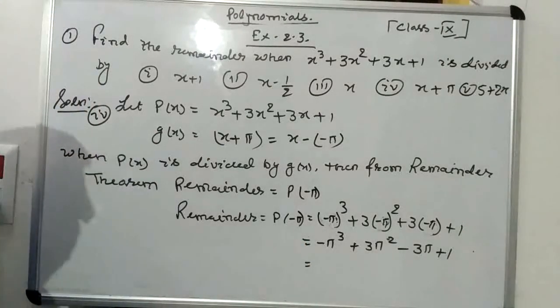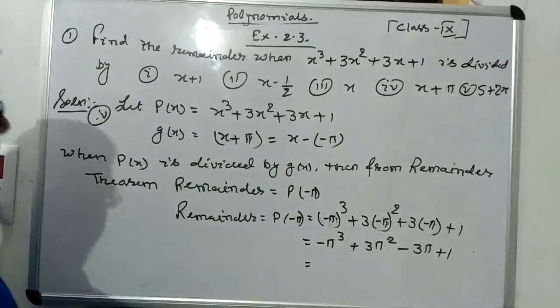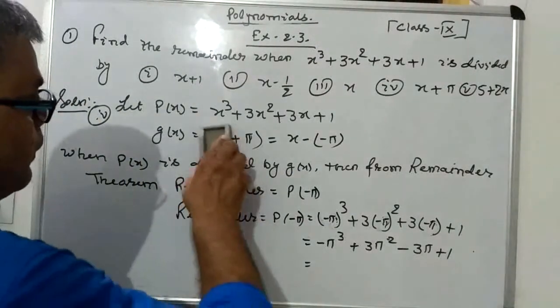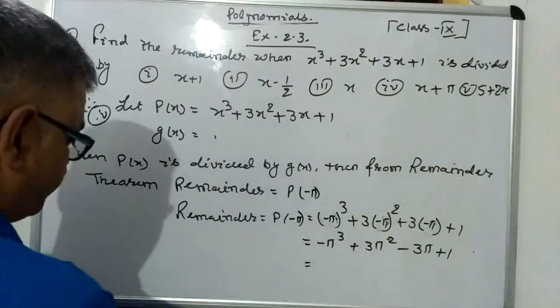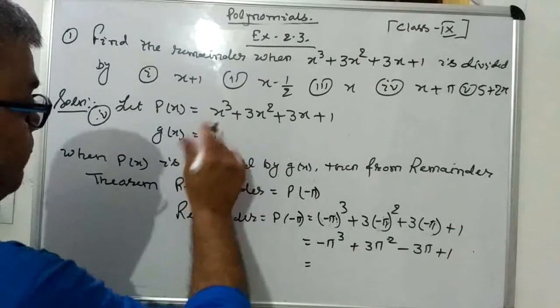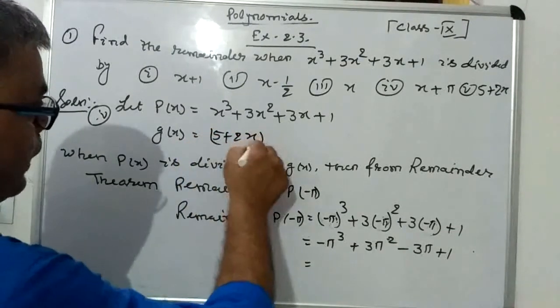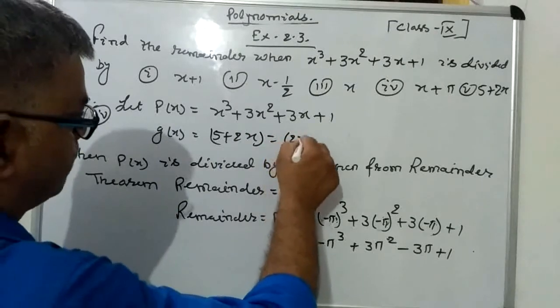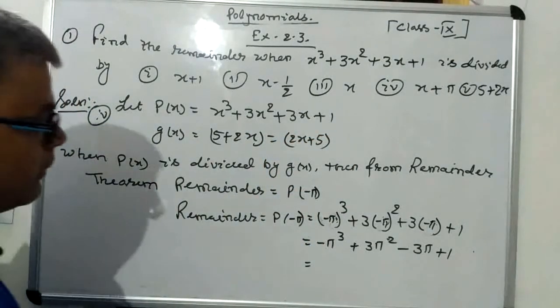Now coming to your last question, that is question number 5. Your g(x) is given, 5 plus 2x. So you can write in this form also, 2x plus 5, because we write variable first and thereafter constant.